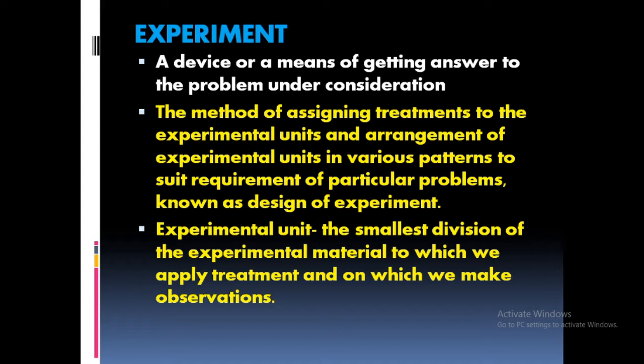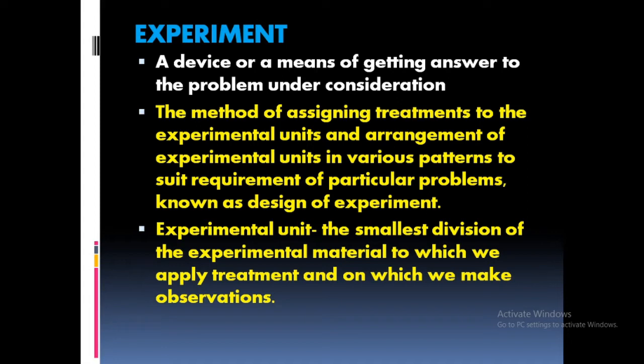So for that you have to conduct an experiment by keeping a number of birds, that is hen or cock, whatever it may be, cow, whatever it may be. By keeping them you have to conduct an experiment. So before going into the experiment you have to design it. Your aim is which feed will give a better result.